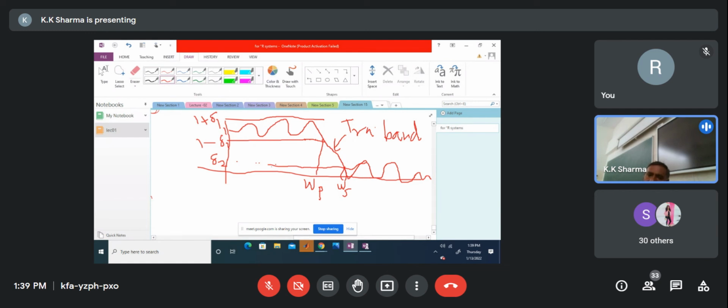So he will give you omega p, omega s, delta 1 and delta 2. These are the 4 variables which appear in the figure, which any designer would give you. And your goal will be to obtain the impulse response of the filter, h of n, be it IIR or FIR filter.